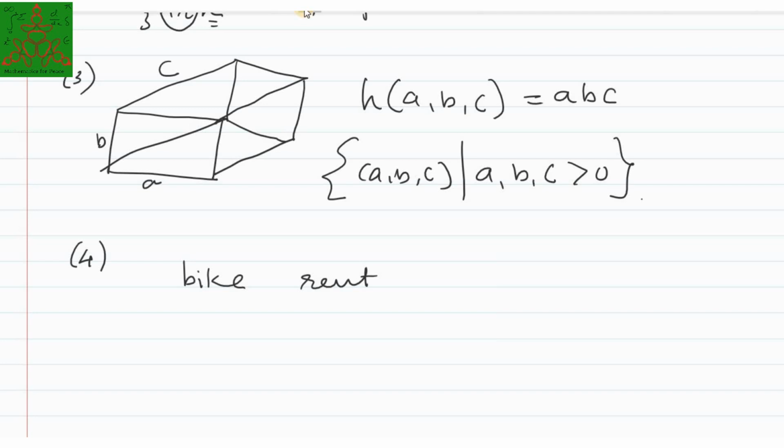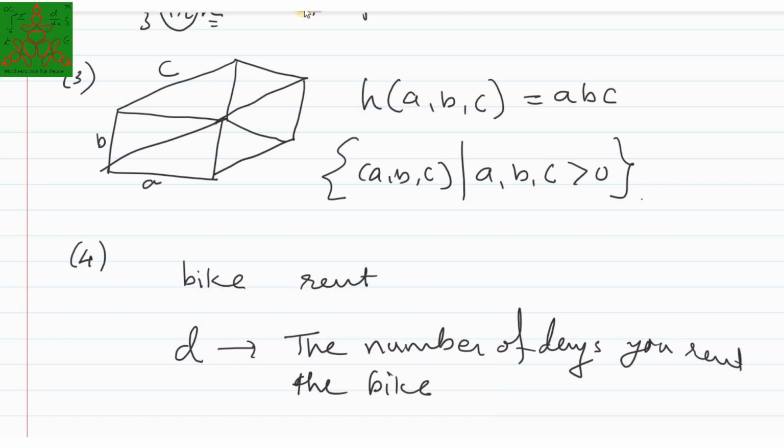I define d as the number of days you rent the bike, and m as the number of miles or kilometers you drive.